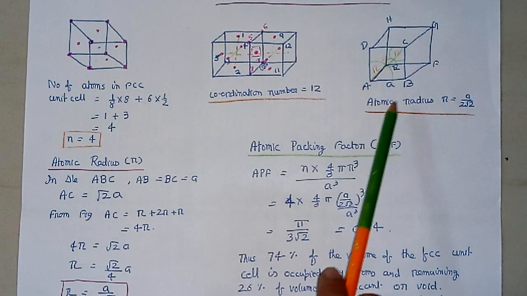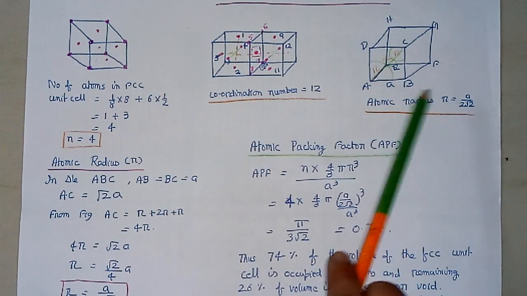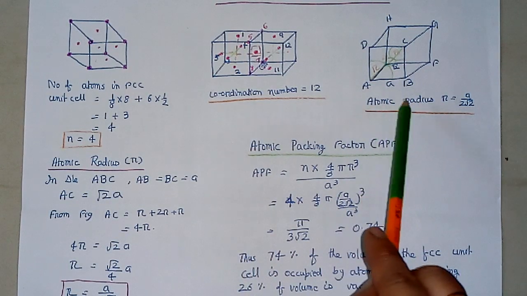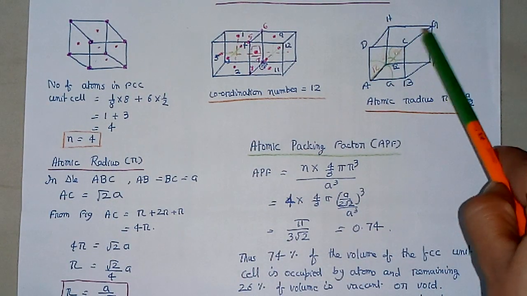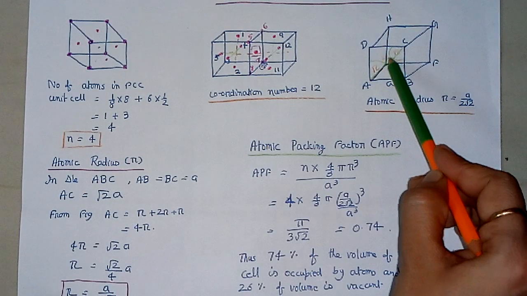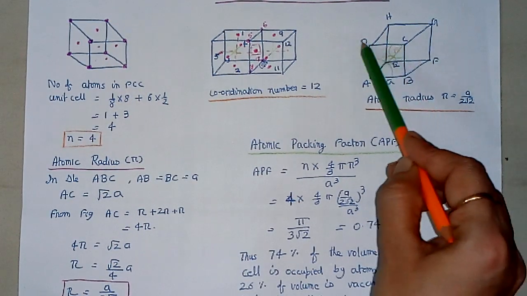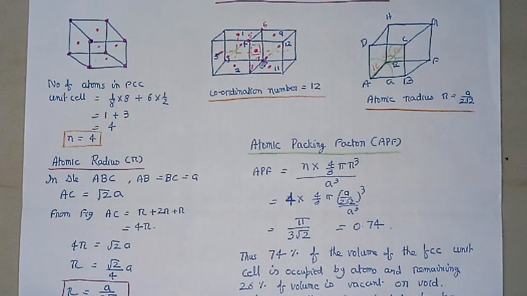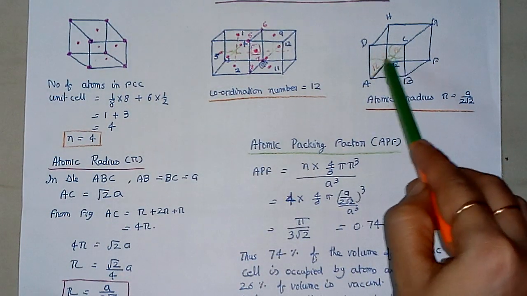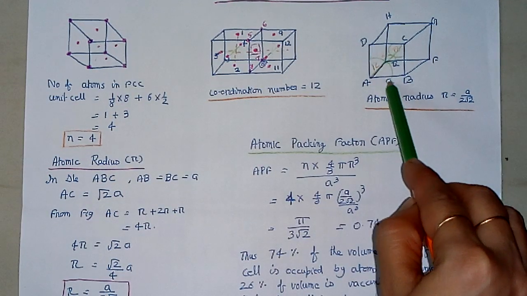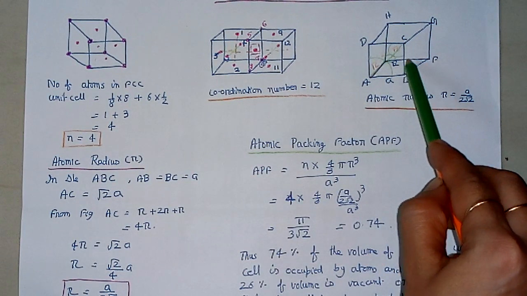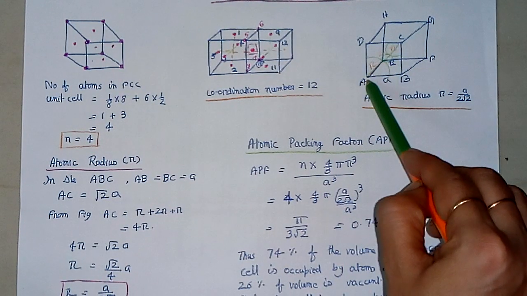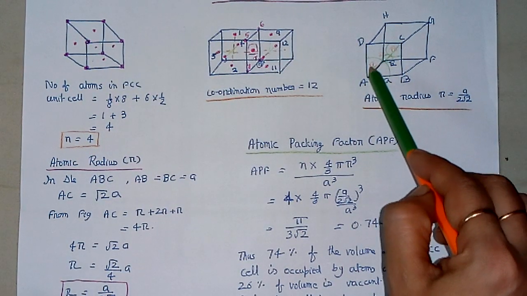Now what is the atomic radius for this? We will get R equals a upon 2 root 2. Now let us see how we get this; very simply you can calculate it. For this face ABCD, this is the face centered atom, and one atom is at one corner, another at the other corner.